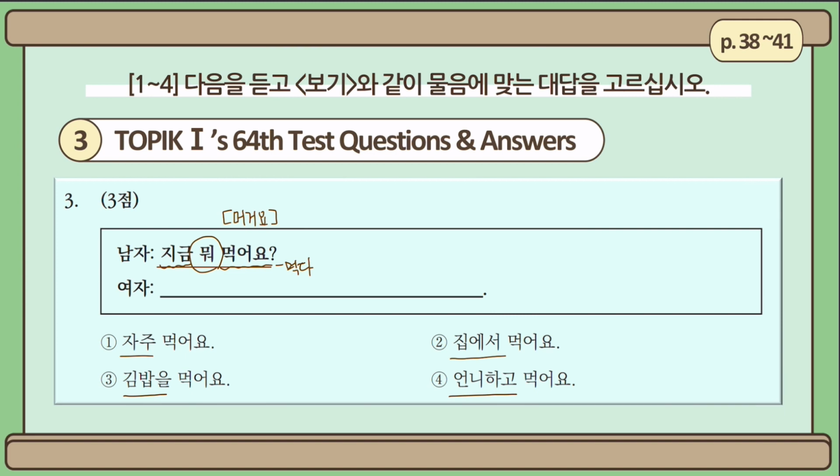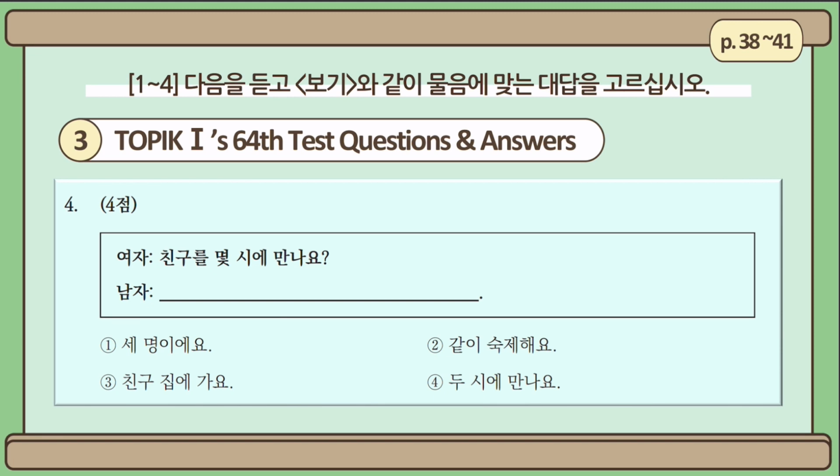This is about whom she's eating with. So the proper answer should be number 3. As an FYI, 뭐 is the shortened form of 무엇, and the object marker 을 has been omitted. So 지금 무엇을 먹어요? It means the exact same thing, but just sounds quite formal.